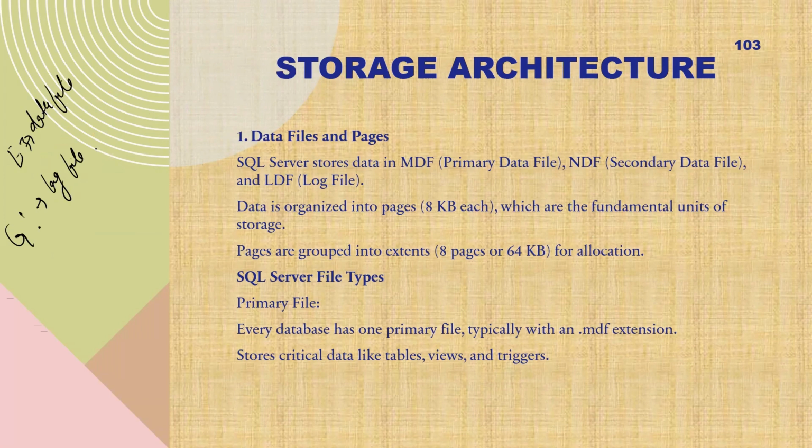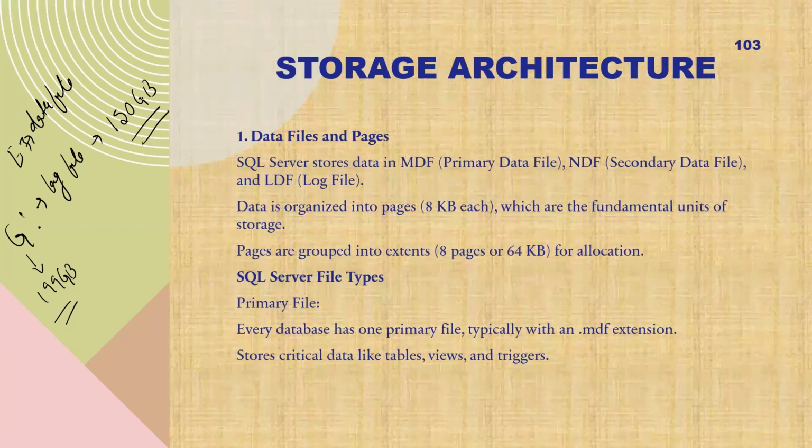Suppose this is 199 GB, and as of now 150 GB of the log file is occupied, right? When the data is going to move from the log file to the data file, this space will be released, and it will again move back to 190 GB free. Getting my point? Log drive is reusable in nature.